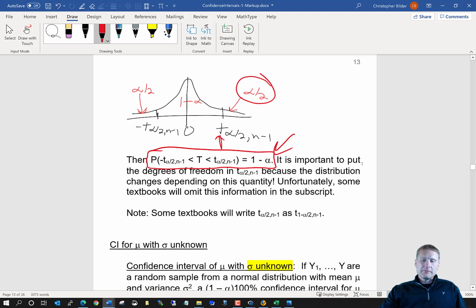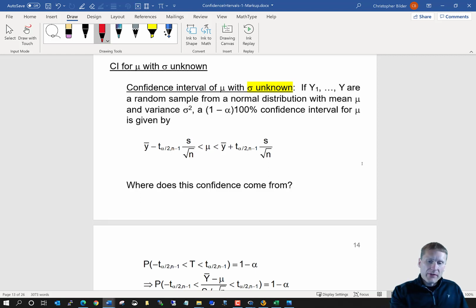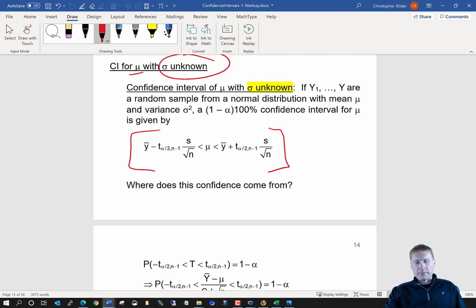Okay. Now finally, we get to the confidence interval that we will actually use in this class for the population mean. So a confidence interval for mu, but I don't know what sigma is. Here's what it looks like. This is a (1 minus alpha) times 100% confidence interval for mu.